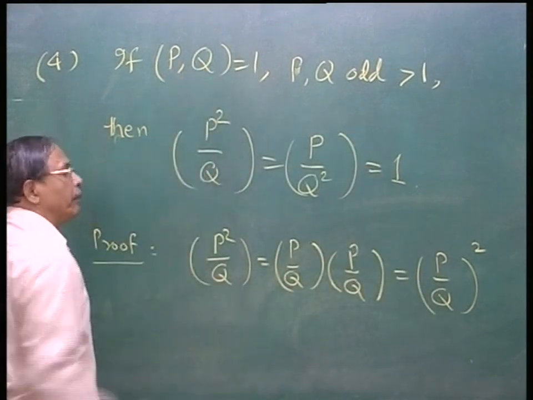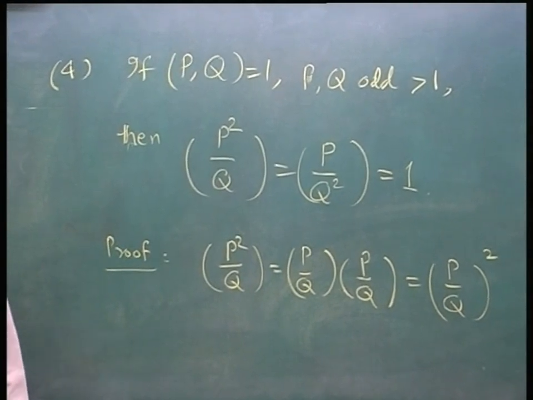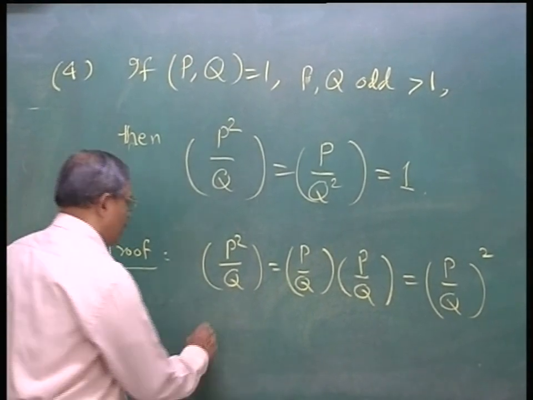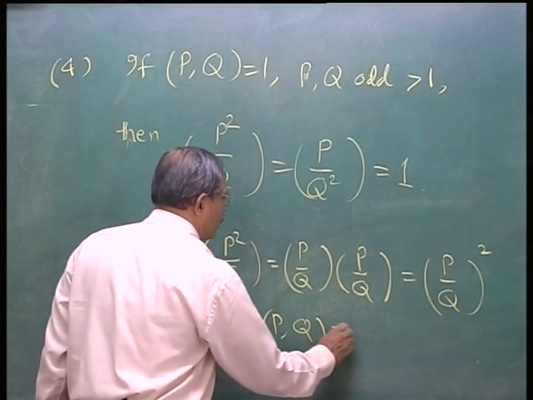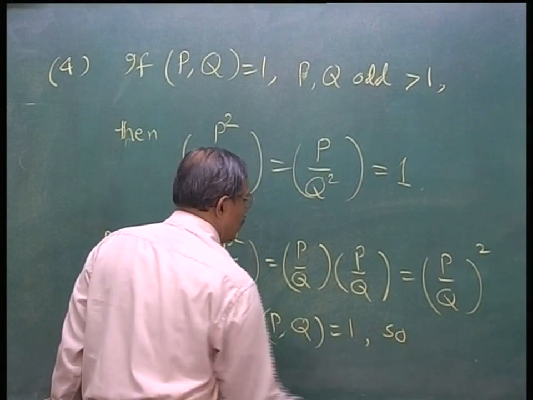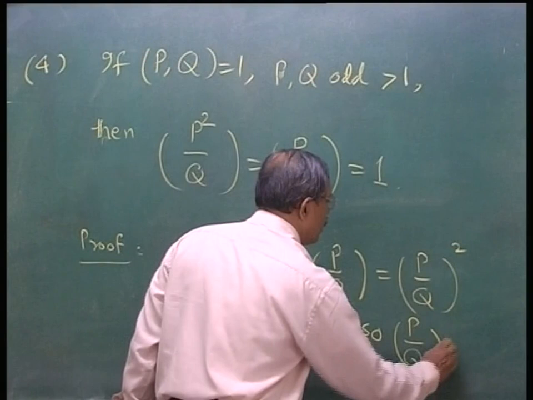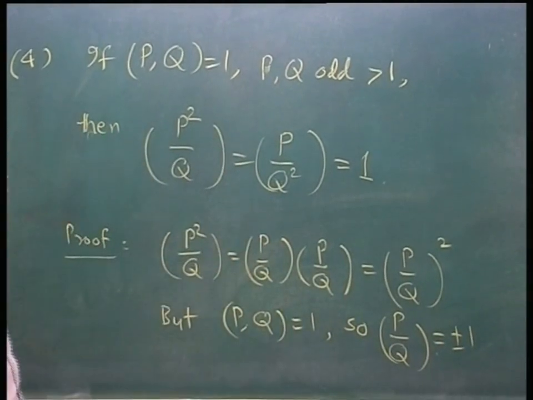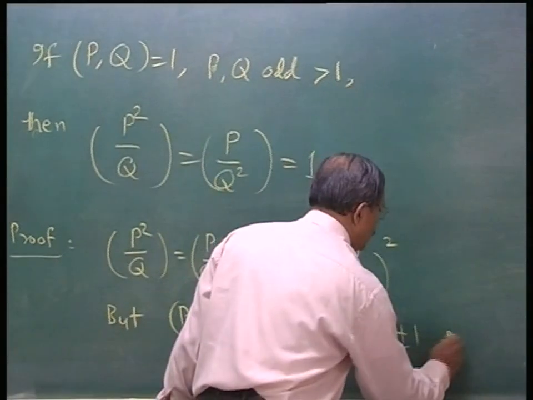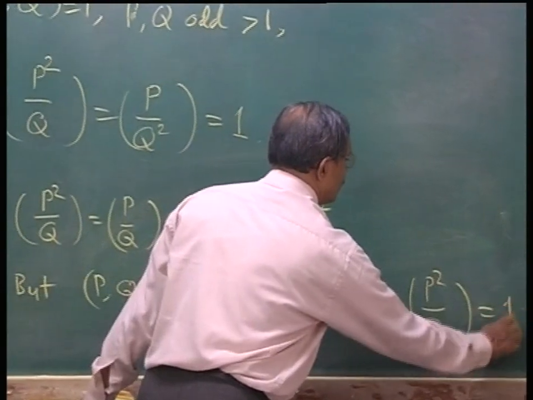P and Q are coprime, they don't have a prime in common. Means the value of (P/Q) is plus or minus 1. But (P,Q) equals 1, so (P/Q), the Legendre symbol, is plus or minus 1, and its square is plus 1. So (P²/Q), the Legendre symbol, is 1.